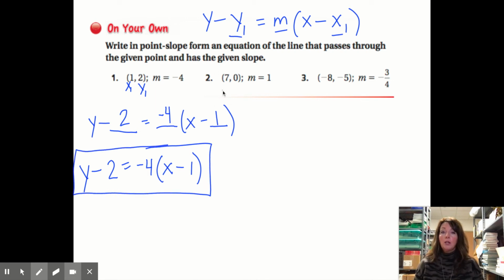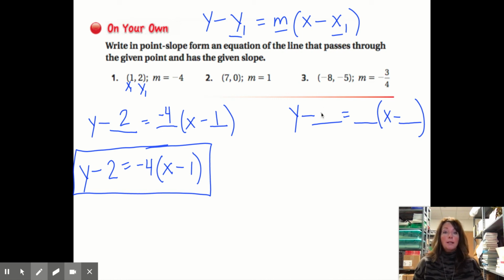Okay, I'm going to let you do number 2 and see if you can get that in point slope form for me. And I'll work on number 3. So for number 3, we want to put y minus, and then we're going to substitute in y1, make that equal to the slope times the quantity x minus, and then we're going to substitute in x1.